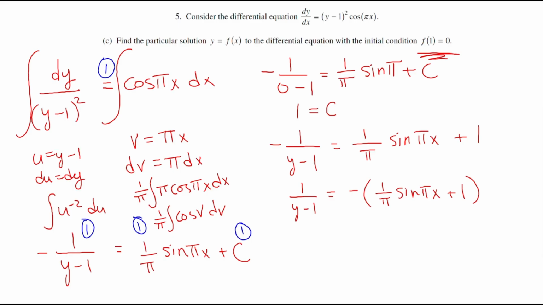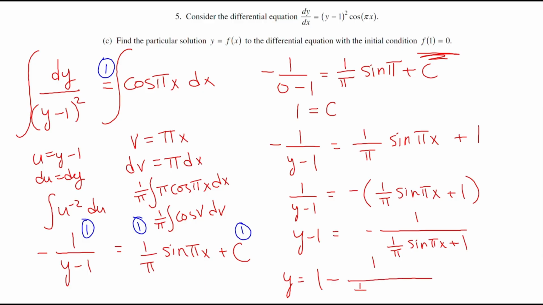Well, that's going to give us y minus 1 equals, I'm just going to put a negative here, and then I'm still going to take the reciprocal, 1 over (1 over pi sine pi x plus 1). And then we'll just add 1 to this. So we'll get y equals 1 minus 1 over (1 over pi sine pi x plus 1).